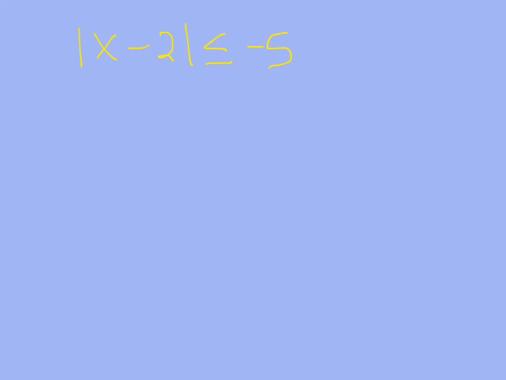Okay, here's a final example. The absolute value of x minus 2 is less than or equal to -5. Now, think about this. We already know that an absolute value is distance, so it has to be positive. So there's no way that it could be a -5.